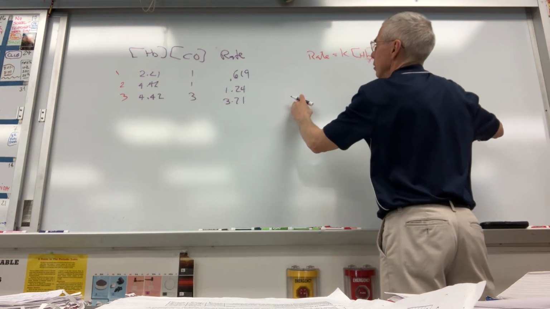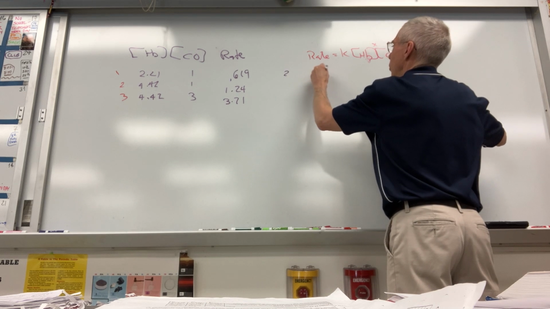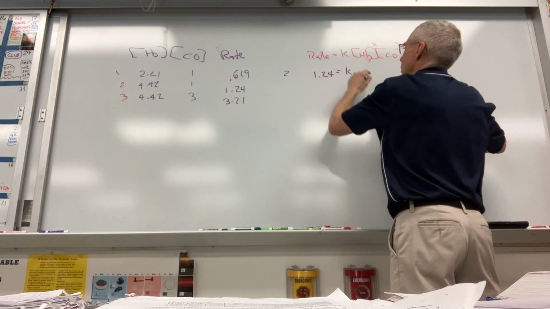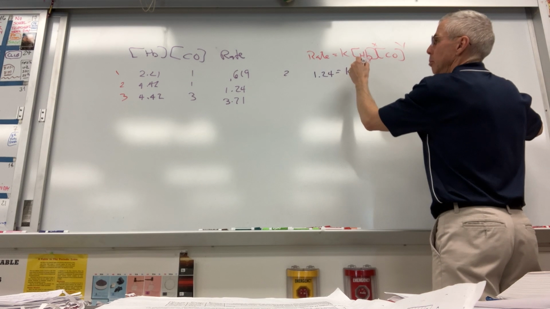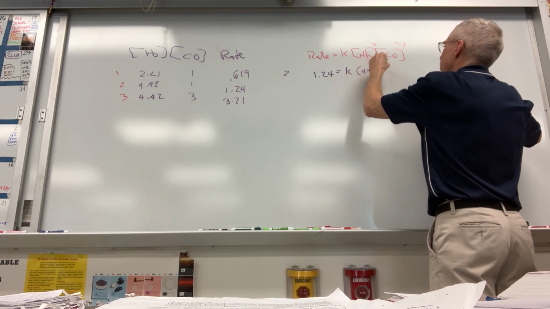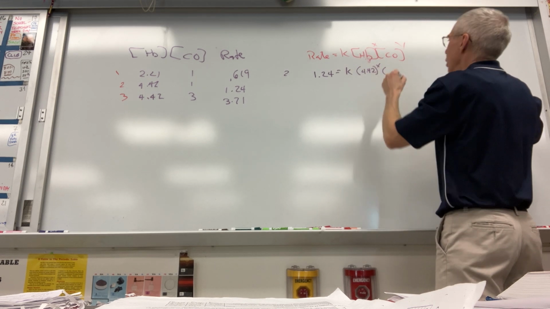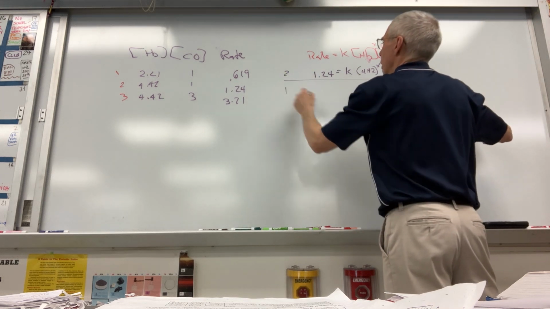I'll put it on top since it divides nicely. We're going to have a rate of 1.24 equals K. Can't forget that. The concentration of HB is 4.42 to the X, and the concentration of CO is 1 to the Y. And we're going to put that all over number 1.